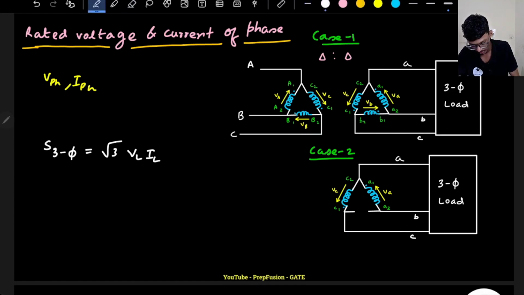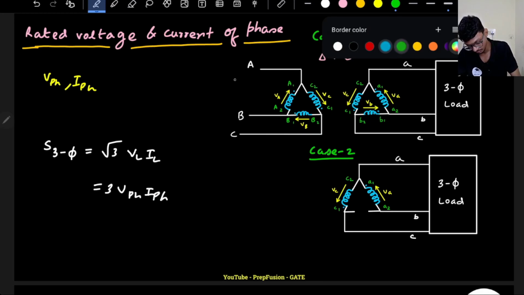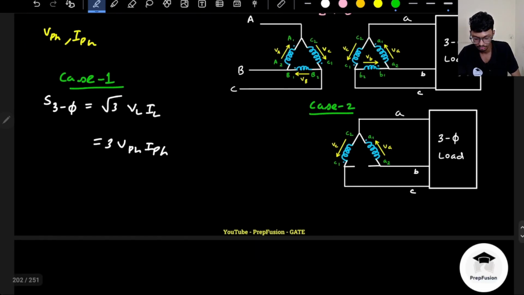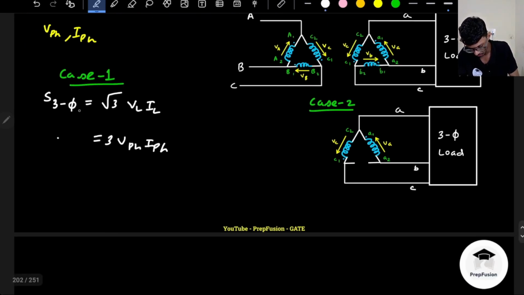This we already know. Also it can be written as root 3 into VPH into IPH, correct? So this is the capacity for a normal delta to delta transformer. This is the load capacity. So I will write here S three phase 1 in the case 1.